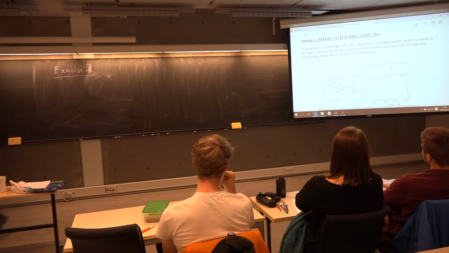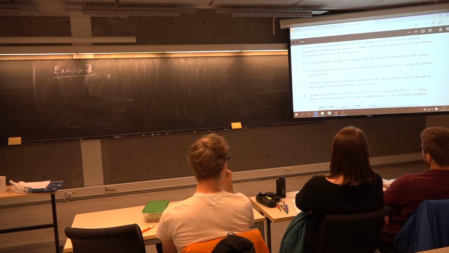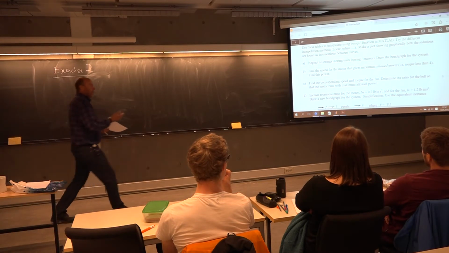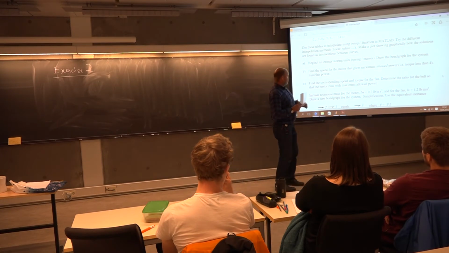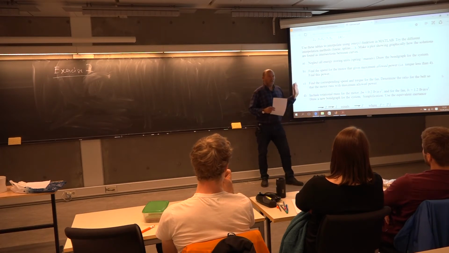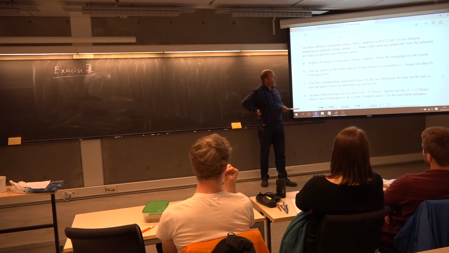For the exercise, I have some questions here about bond graphs. Draw the bond graph for this system, simplify, and so on. Don't worry too much yet about the bond graphs, we haven't learned so much about it yet.